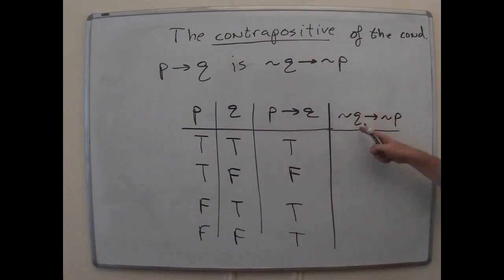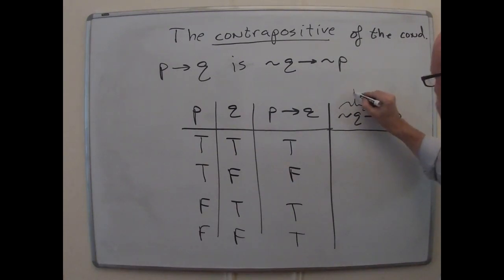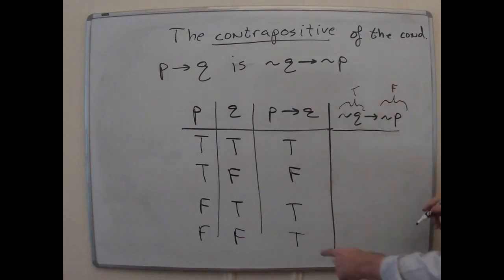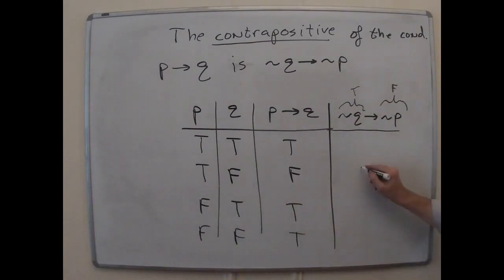We want not Q to be true and not P to be false. Anyway, we want this whole thing to be true and this whole thing to be false. But that means we want P to be true so that not P ends up false, and Q to be false so that not Q is true. We want to be in this row. That's where we get false. And everywhere else it's going to be true.